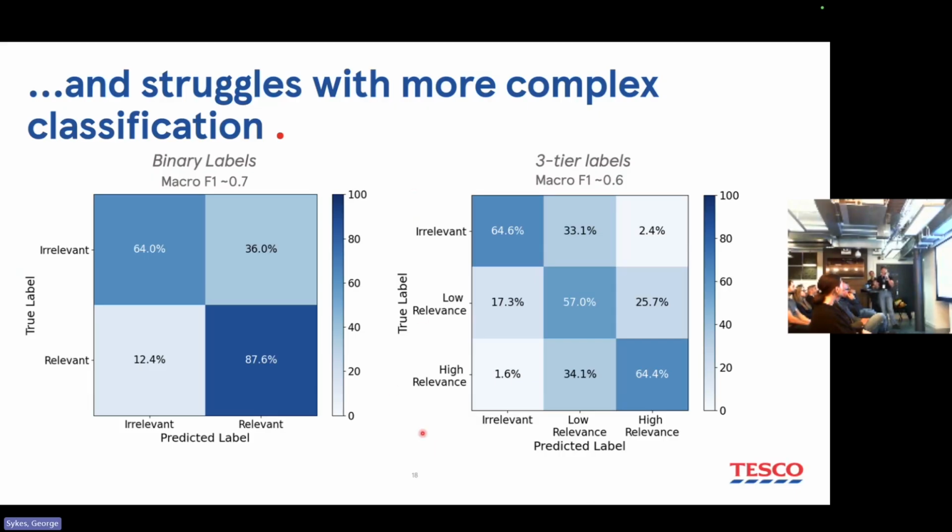This might be more useful for, say, NDCG calculations. And you can see here the model in this case, even when fine-tuned, begins to struggle: you get leakage of this slightly relevant label. And so you end up blurring the boundaries. This is a case where the model struggles with a new requirement that we might have.